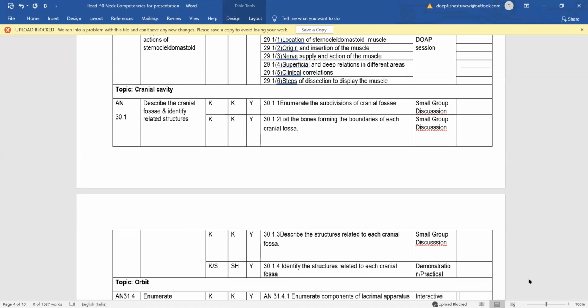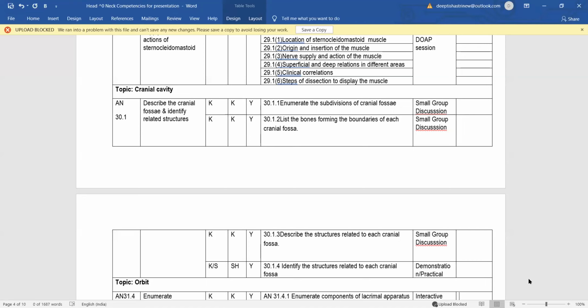Yes, and identifying the structures passing through can be given in this competency, where it is a wet specimen. I would say, identify the structures related to each cranial fossa. In the next one, where we said there is a competency of the structures passing through the foramina, we can mention the condition as a wet specimen: identify the structures passing through the foramina in a wet specimen.